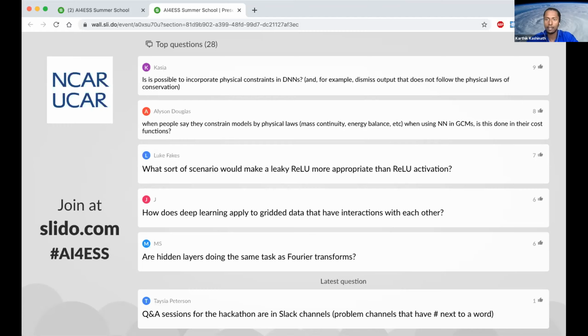Besides your standard deep learning losses, you can add extra terms, which could be, for example, the residual of the energy equation or the mass equation. That's one way to do it. But you could also do it in the neural network itself. For example, the last layer, again, as David mentioned, a sort of PDE constrained layer where you essentially satisfy the mass continuity equation or energy equation.